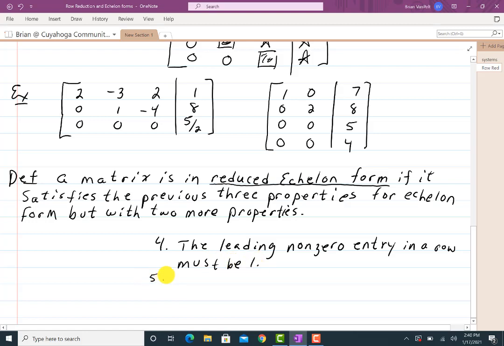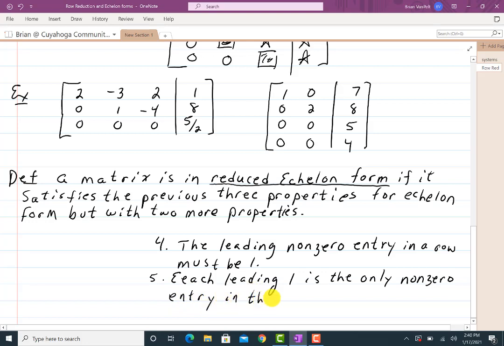And 5, each leading one is the only non-zero entry in that column. So we have a little more than we had before.